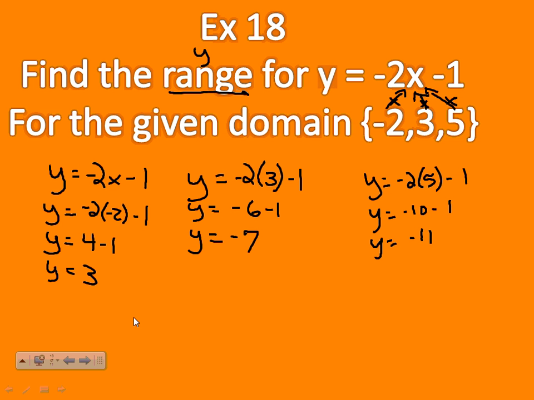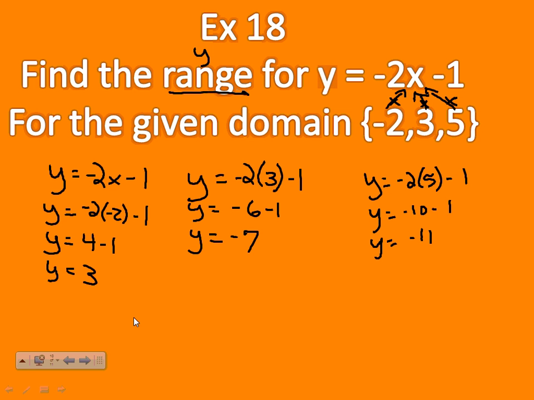And so negative 10 minus 1, so y is negative 11. Okay, I would like for you to work them by hand, but what's a great way to check yourself? Go to y equals, put in negative 2x minus 1, and then when you go to the graph, when x is negative 2, what's y? 3. And when x is 3, y is negative 7.